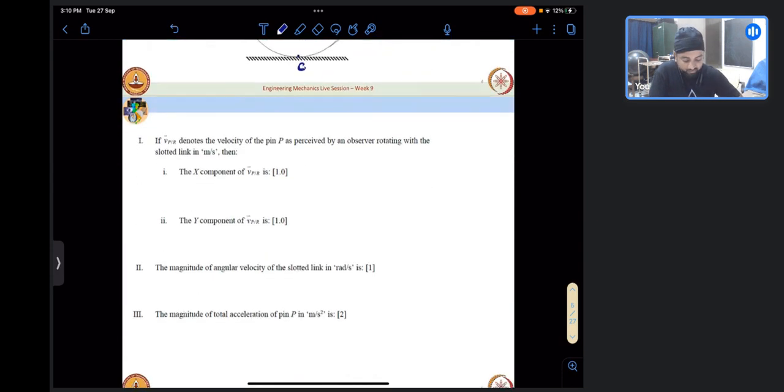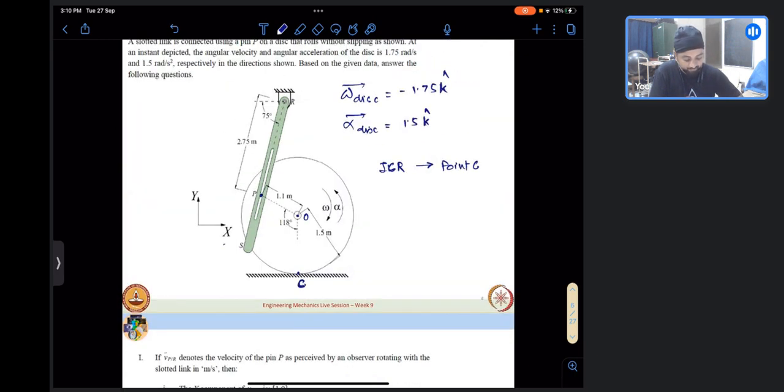One is, if Vp with respect to r denotes the velocity of the pin P as perceived by an observer rotating with the slotted link, then what are the x and y components of that. Then the magnitude of the angular velocity of the slotted link and the total acceleration of pin P are asked.